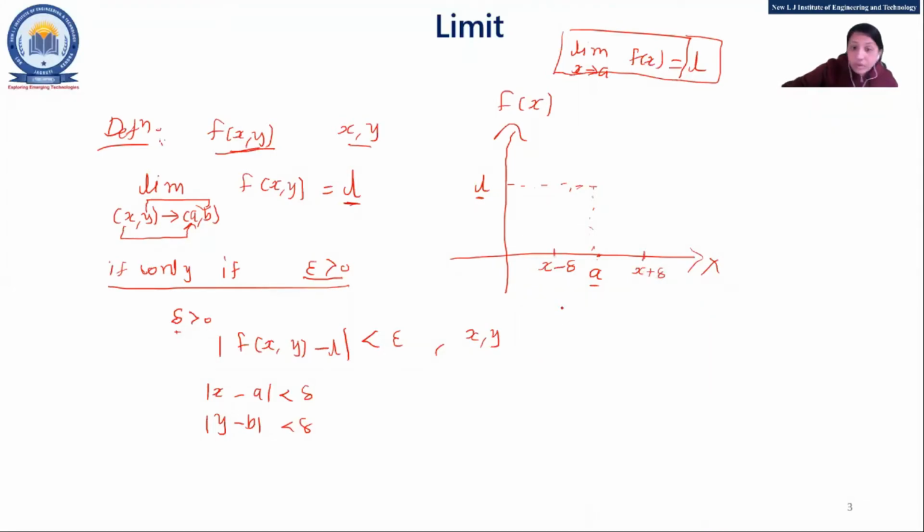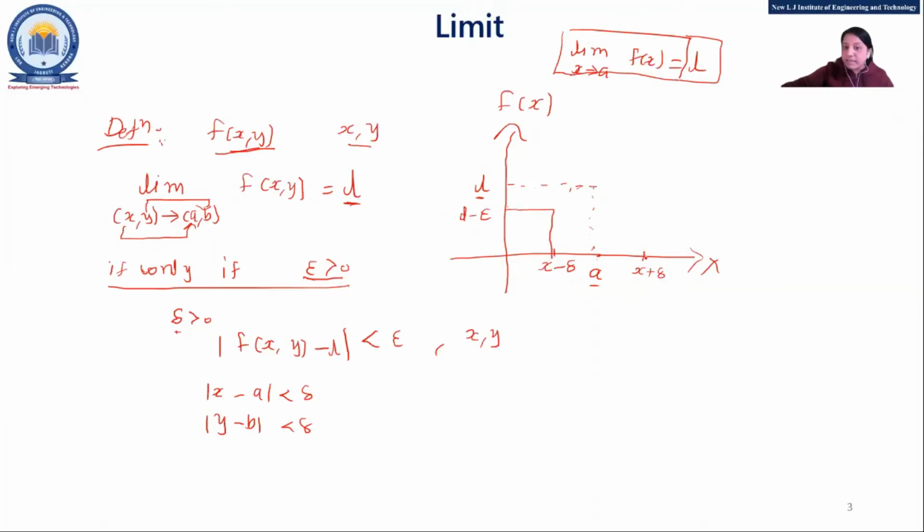Now according to a minus delta, obviously some value is there for f of x. So it may be L minus something, so L minus epsilon. The value epsilon which is greater than 0 is such that, if we move from the left side towards a, that is a minus delta, we will have L minus epsilon.